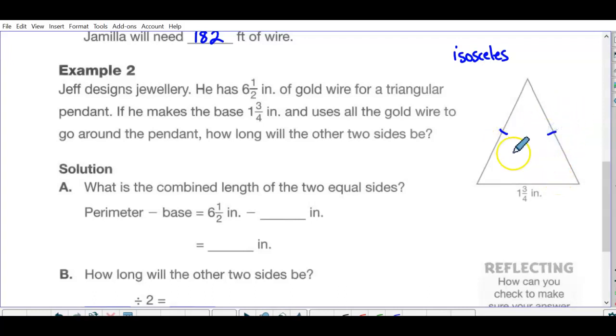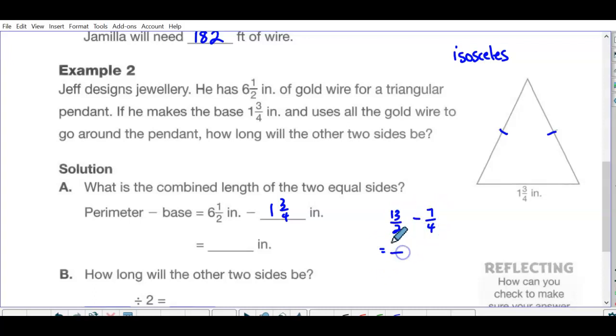Okay, so we want to know, we know this side, we know the total, so let's first figure out what's left to go for those 2 sides there. So perimeter minus the base, so 6.5 inches minus 1 3/4 inches. Okay, you can use your calculator if you want. You can use fractions, so converting these to improper fractions would be 13 over 2 minus 7 over 4.